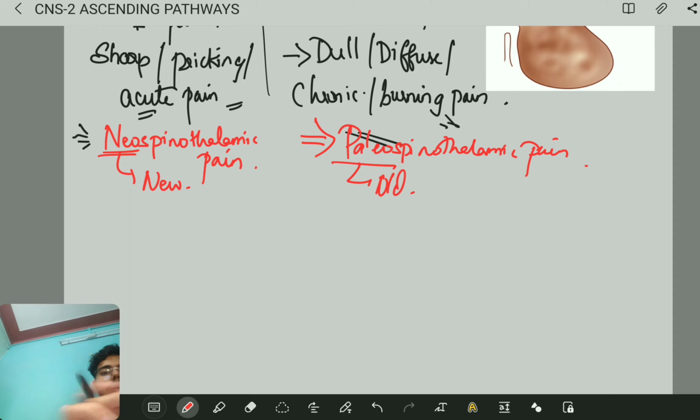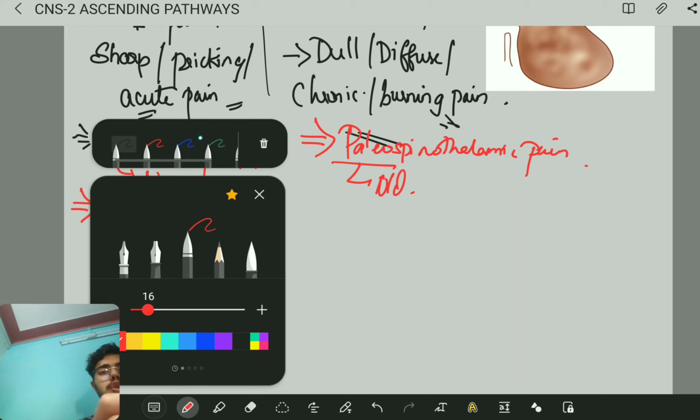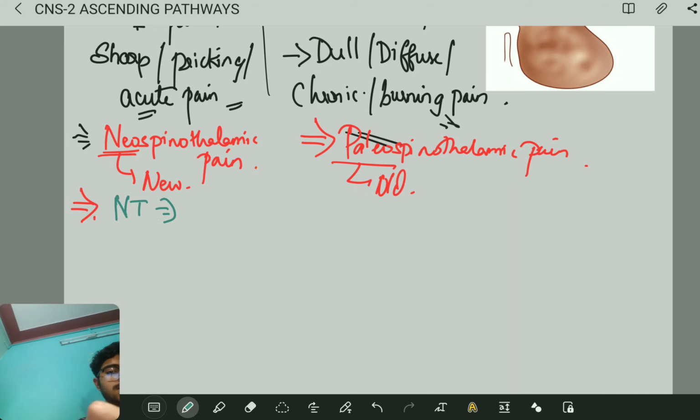Okay, fine. Now for A delta fibers, we have a neurotransmitter. What is this neurotransmitter in A delta? It is called glutamate.